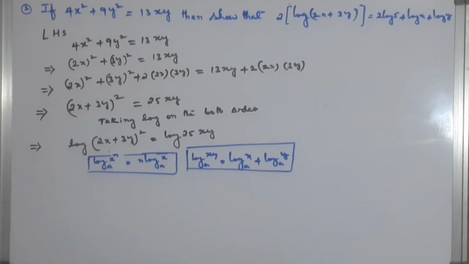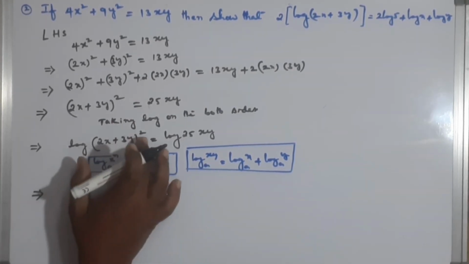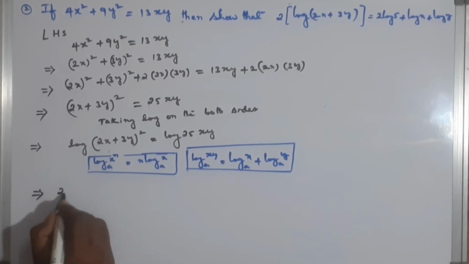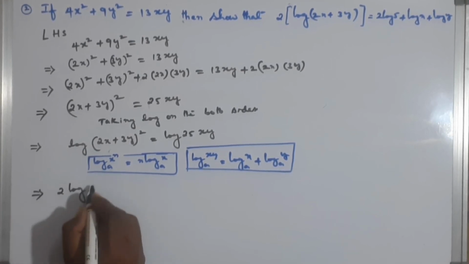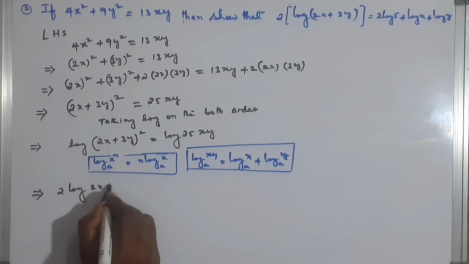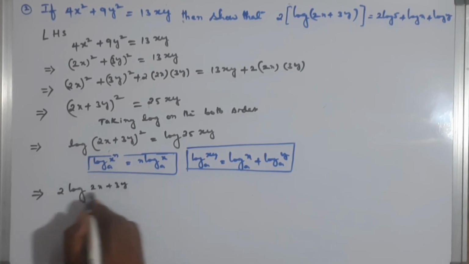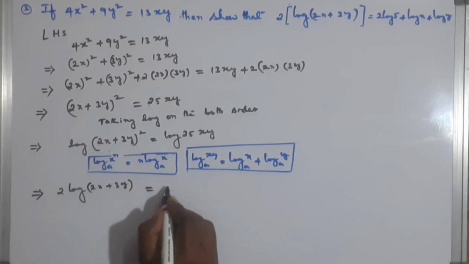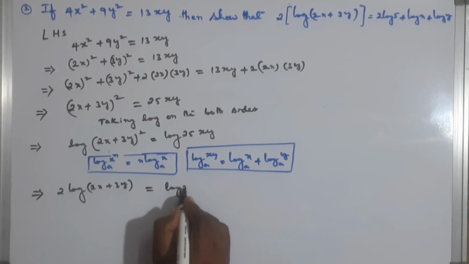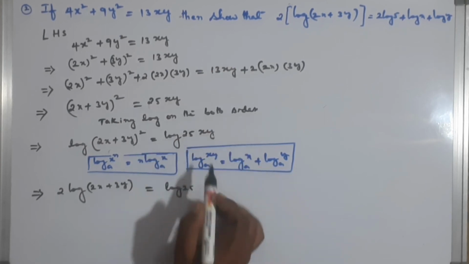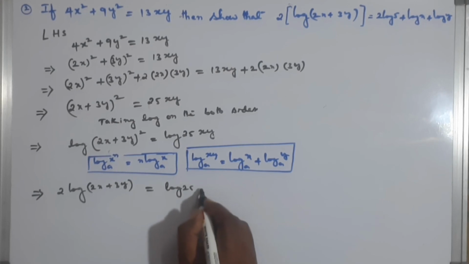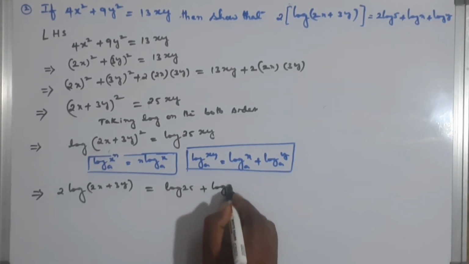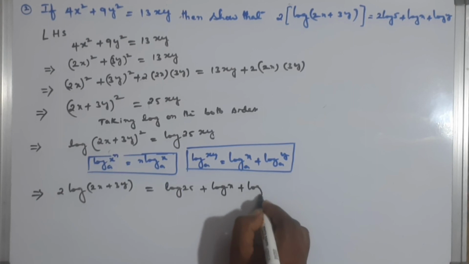I am using these two formulas to evaluate further. So using this formula, I will write this as 2 of log (2x plus 3y), which equals log of 25. Using this formula, for a complete product I will write this as a sum: log x plus log y.